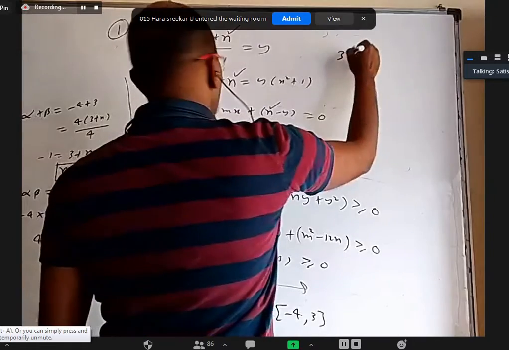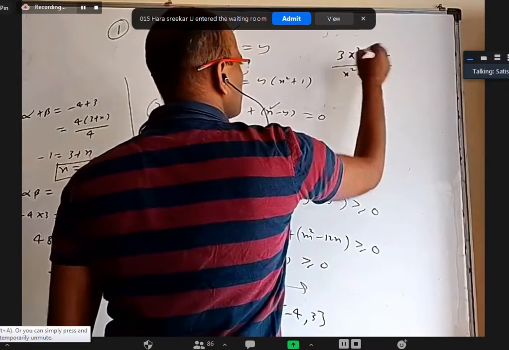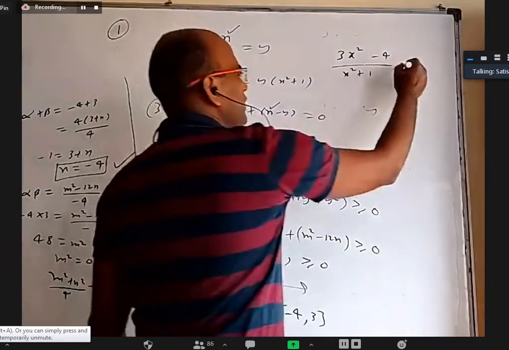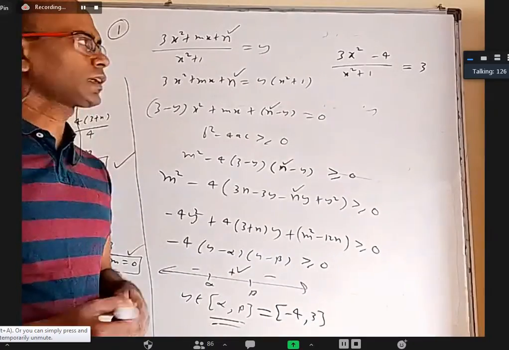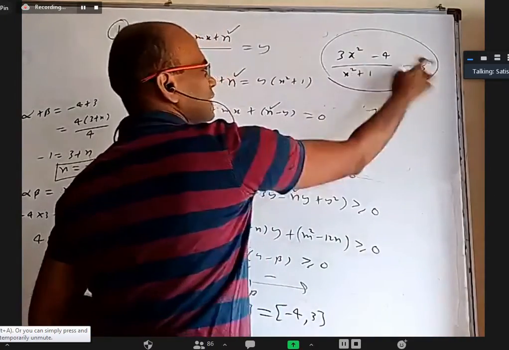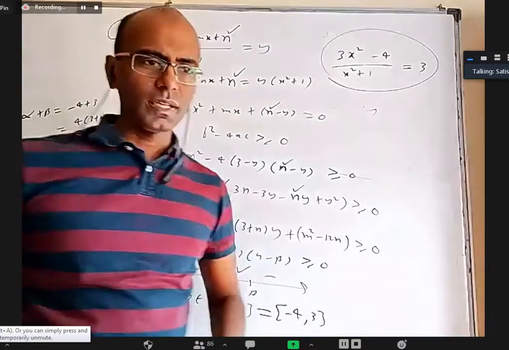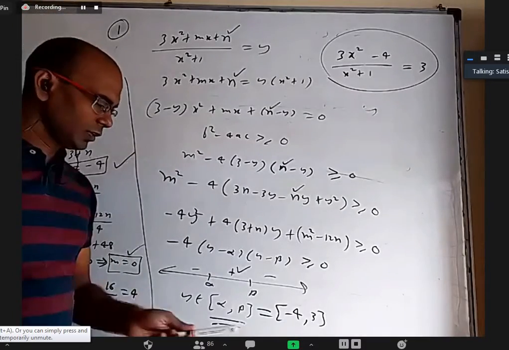It is actually 3x square minus 4 by x square plus 1. Now you tell me, if I take it equal to 3, will I have solutions? No, sir. No, because the x square will cancel, no x term. You get -4 equal to 1, which is meaningless. Because it's not a quadratic expression there. So that's why the 3 is open.